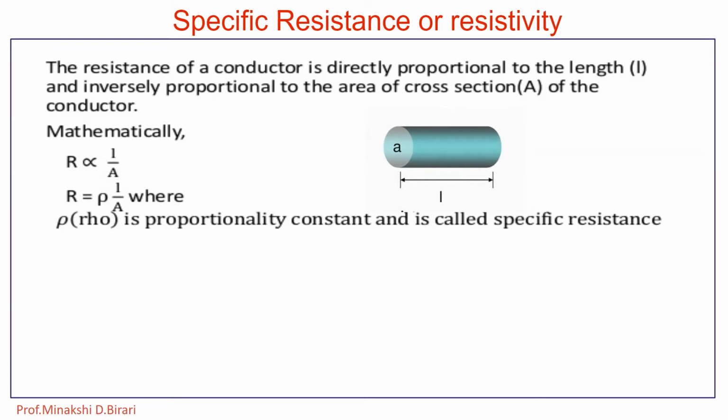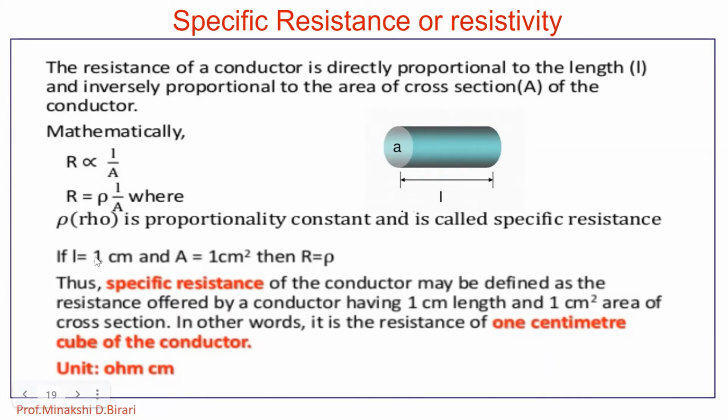Resistance R is expressed in ohm, and this equation is applicable to all conductors, electronic or electrolytic. If we put L equal to 1 centimeter and A, that is area of cross section, equal to 1 centimeter square, then R is equal to rho.